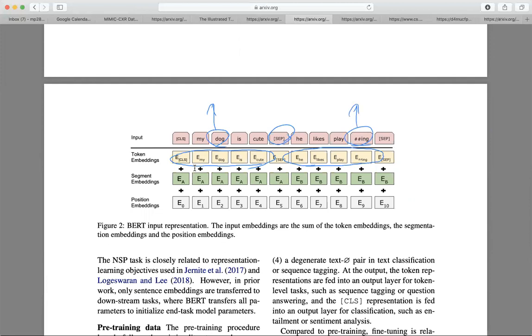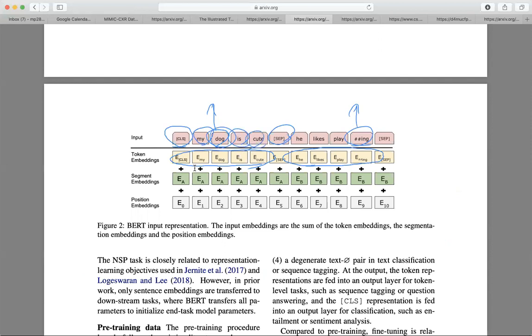And here, there's a special token, which is the CLS token. What this is used for is when you have a downstream task that needs to work on the entire sentence level, like when you want to do sentiment analysis, predicting whether the sentence is positive or negative, then having individual tokens is not really helpful.